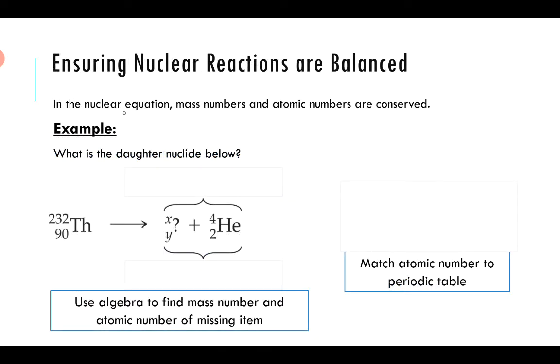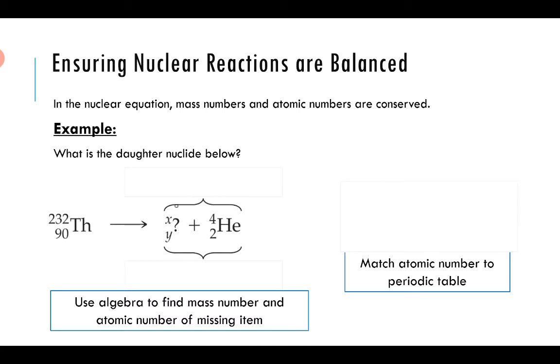All right, so in the nuclear equation, we have to add up our mass numbers. That means we can use some simple arithmetic to calculate the identity of the daughter nuclide. This is the parent nuclide on the reactant side, and on the product side, it's called the daughter nuclide.